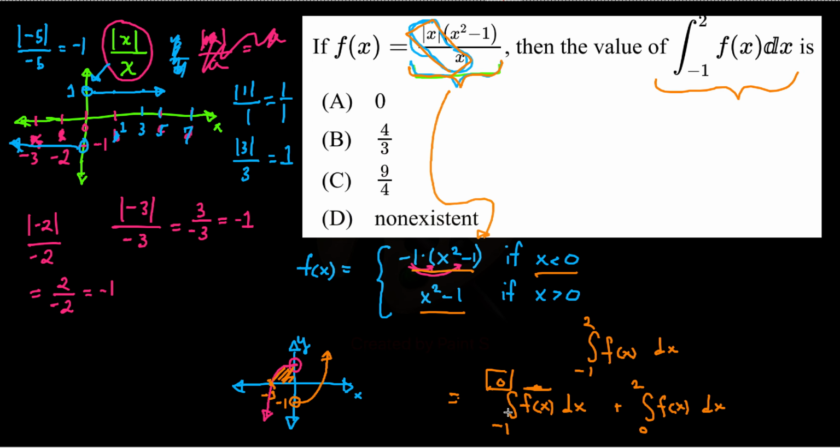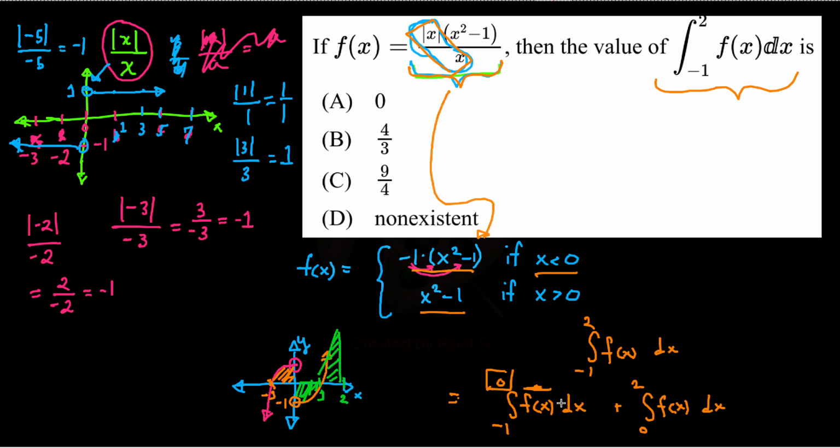Then I'm going to use this piece, and I'm going to find the area underneath the curve from 0 to 2. 2 is over here, and this is 1 right here. I'm going to be looking at this area plus whatever is over here. And I'm going to find out what these integrals equal.